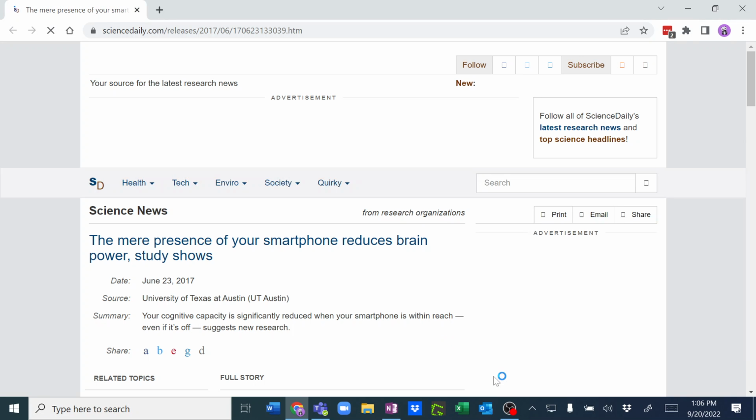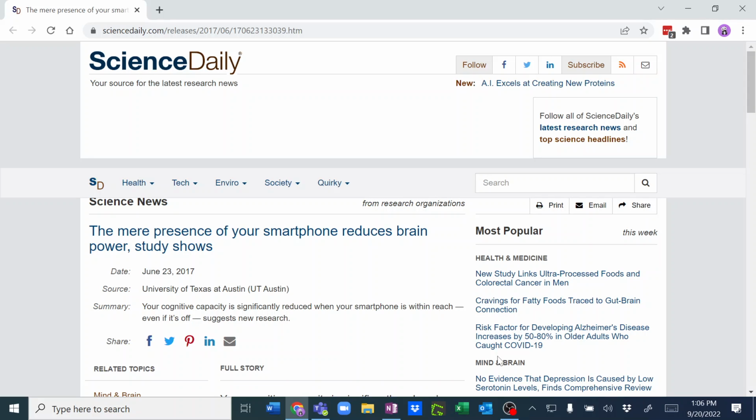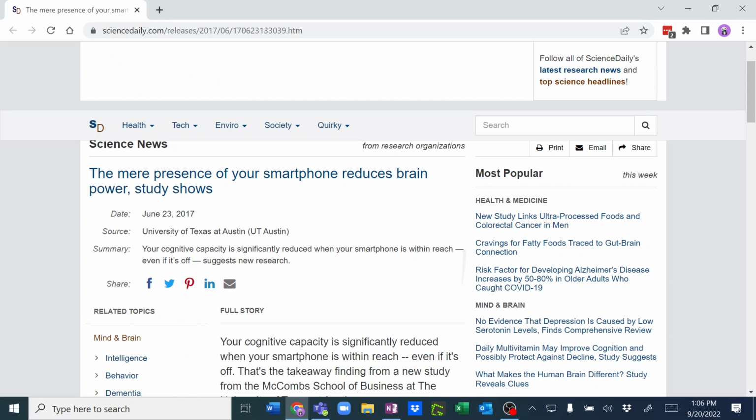The mere presence of your smartphone reduces brain power. So if you have your phone on your desk right now, you are reducing your brain power. Even if it's sitting there, face up, face down, it actually distracts your brain, okay?